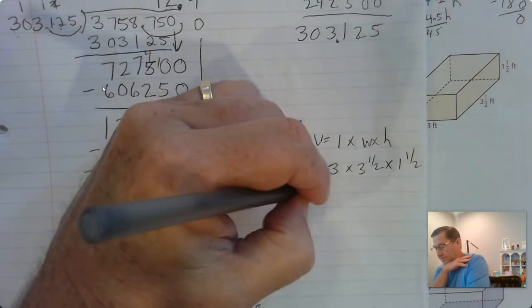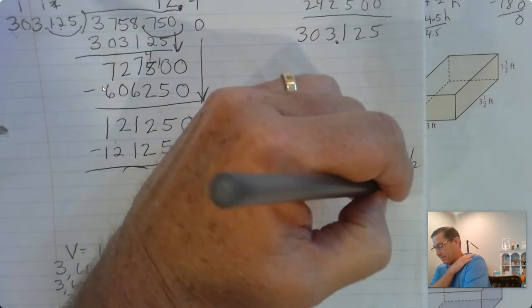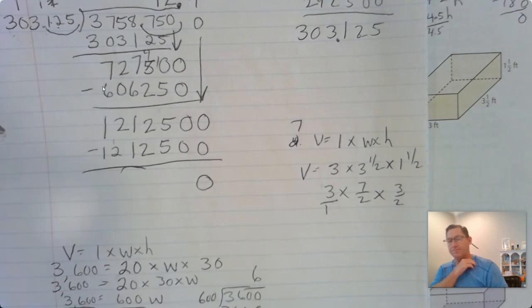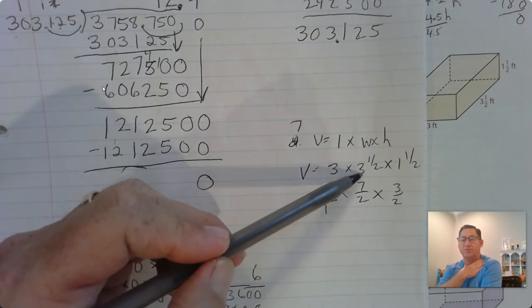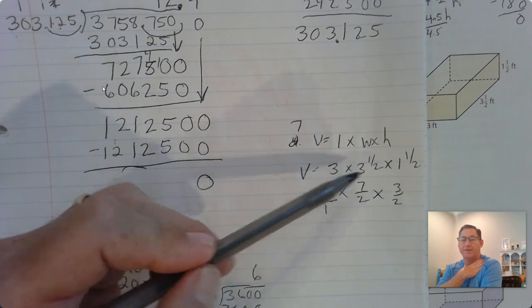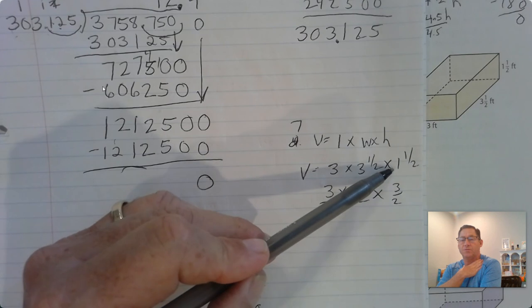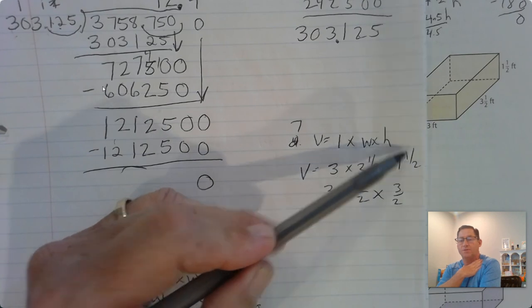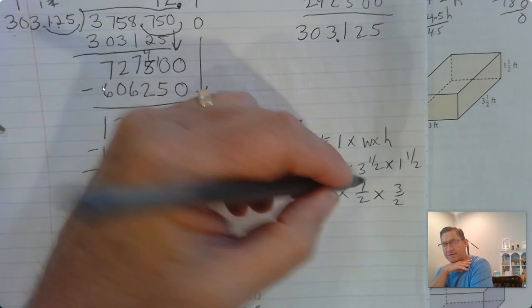Okay, so this is the same as saying 3 times 7 halves times 3 halves. Okay, all I did was turn these mixed numbers into fractions greater than 1. 3 times 2 is 6, plus 1 more is 7, 7 over 2. 2 times 1 is 2, plus 1 more is 3, 3 over 2. Okay, so 3 times 7 is 21.